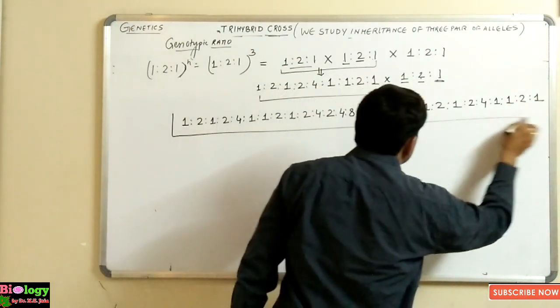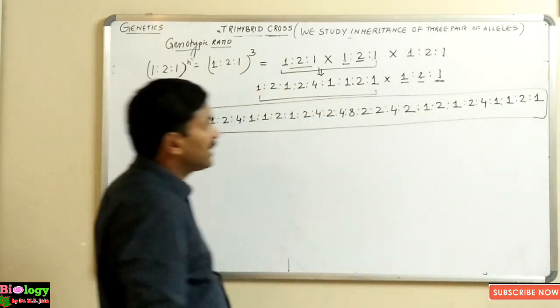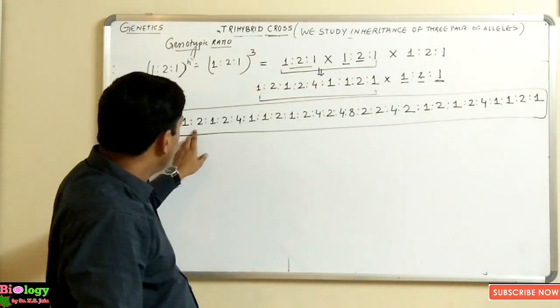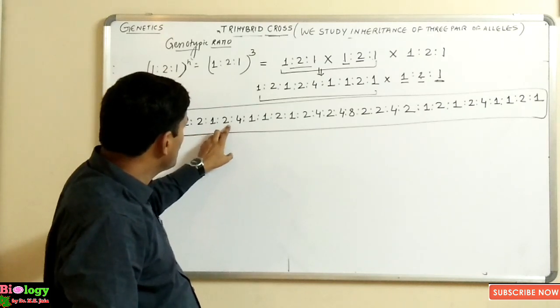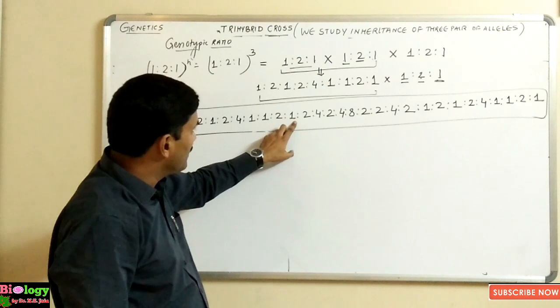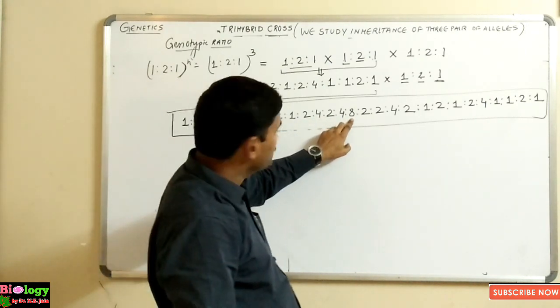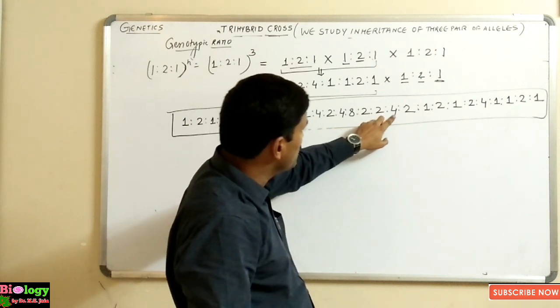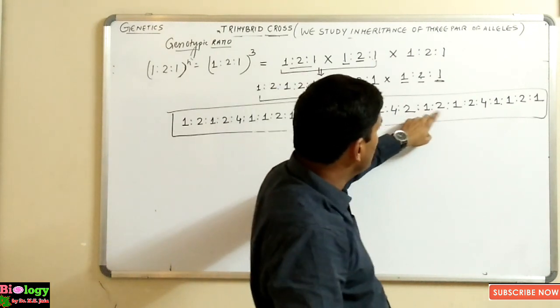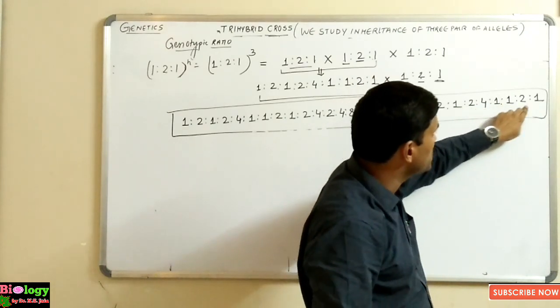So this is your trihybrid genotypic ratio, right? 1:2:1:1:2:1:2:4:1:2:4:8:2:2:4:2:1:2:1:2:4:1:1:2:1.